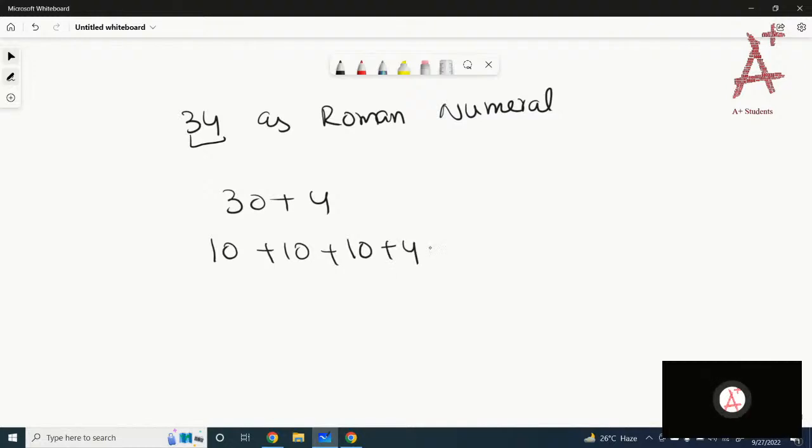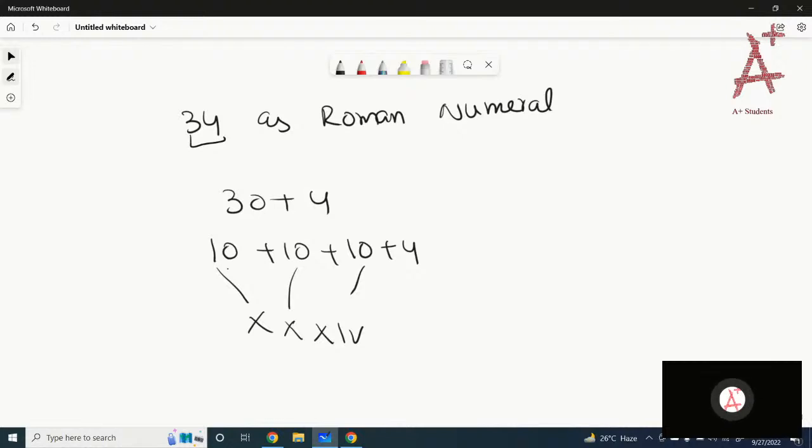We know how to write 10. We can write 10 as X, then again 10 as X, then for 10 you have X, and for 4 you have IV. So select the correct option. The first one is the correct option, and then click on the OK button. Got it? Okay, just move on to the next question.